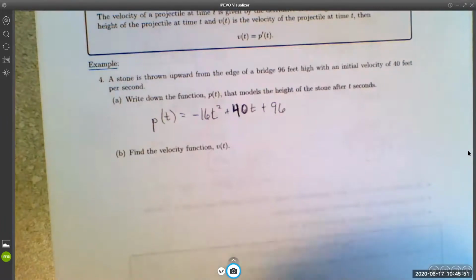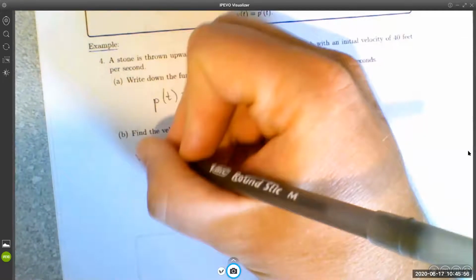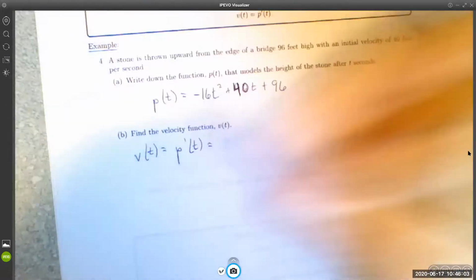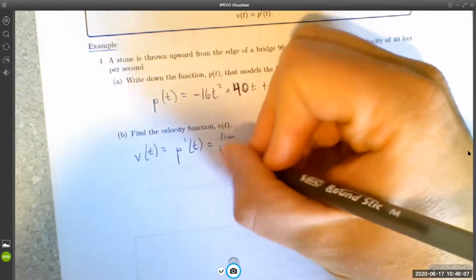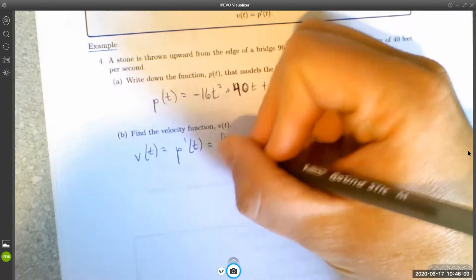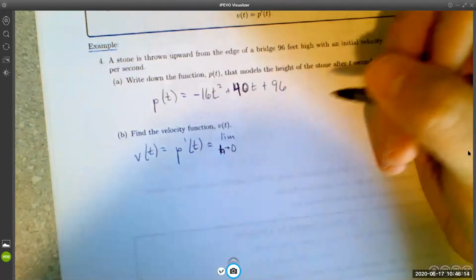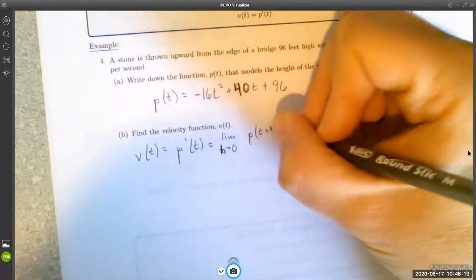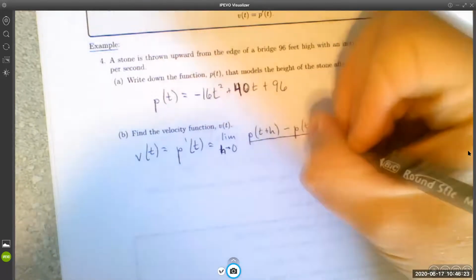Now part B says find the velocity function. So the velocity is the derivative of the position. The derivative of the position is going to be the limit as h approaches 0 of p of t plus h minus p of t, divided by h, right?